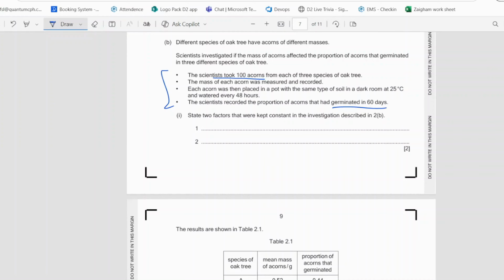Why were they kept in dark? It's written in the third point that they were kept in the dark during germination. Exactly. Okay, state two factors that were kept constant in this investigation.